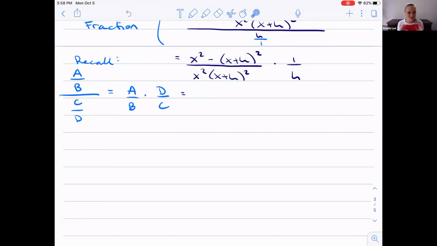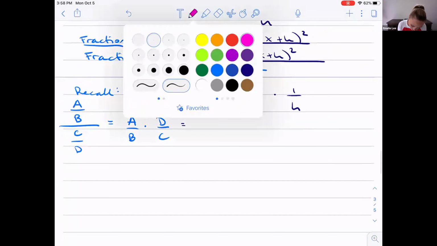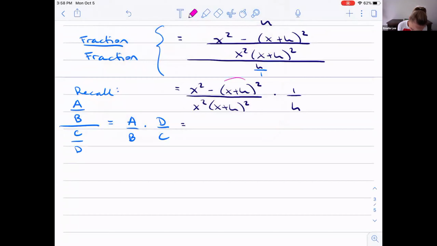Okay, so remember that x plus h squared is x plus h times x plus h.